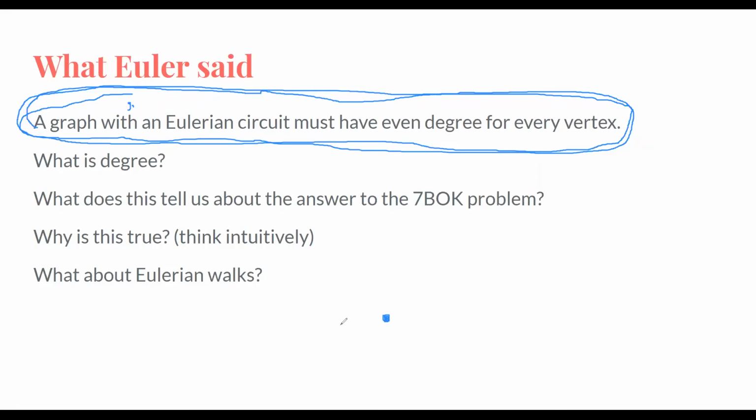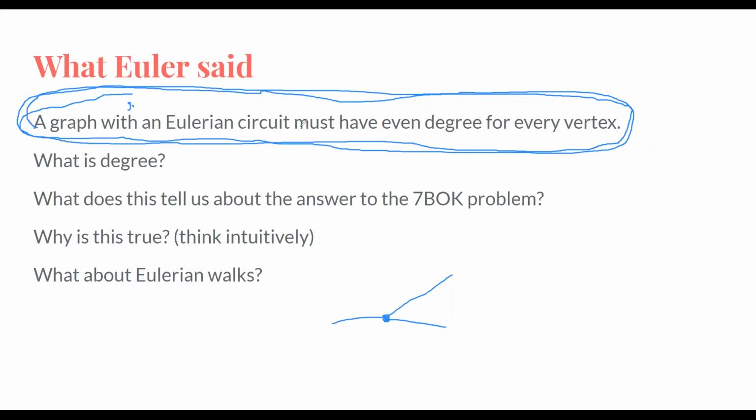Let's say you had 3 edges coming out of this vertex. If you wanted to use all of these edges, because remember we're dealing with an Eulerian circuit, so we need to use every edge exactly once.